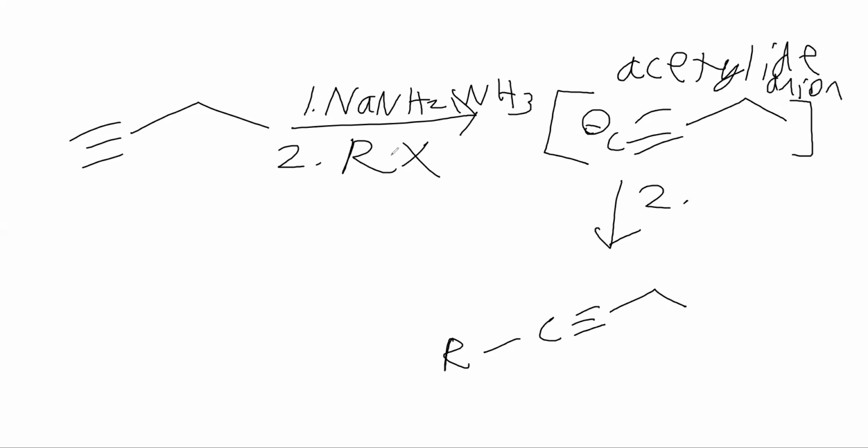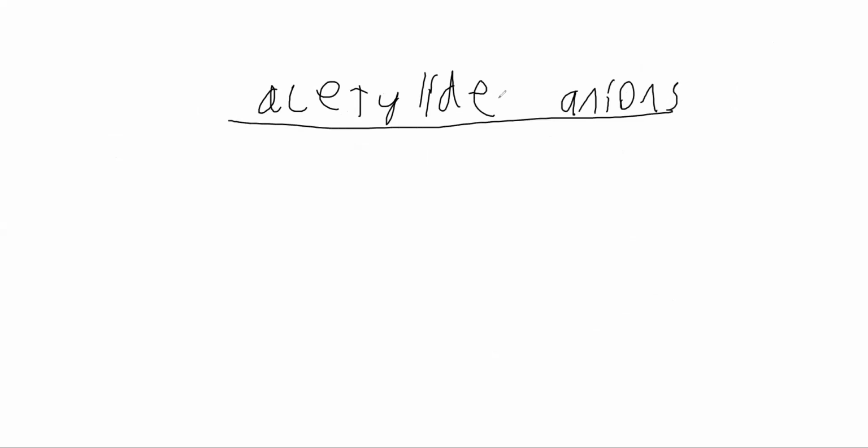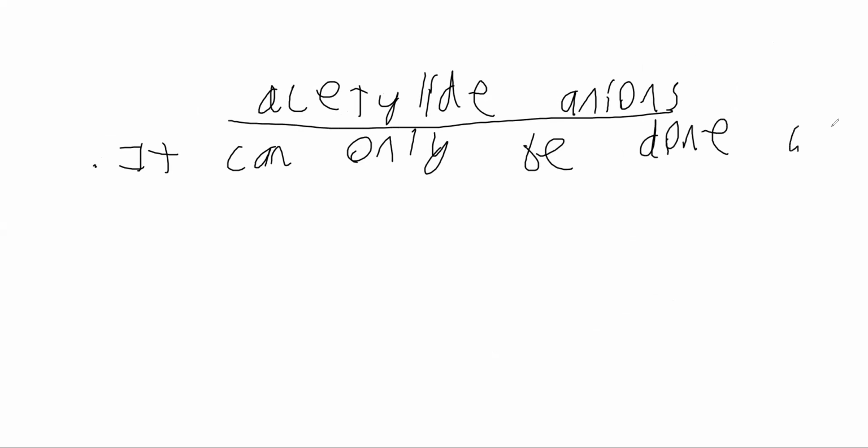And then that reacts with an alkyl halide, which is what RX is. So when you're doing those reactions with acetylide anions, it can only be done with terminal alkynes.